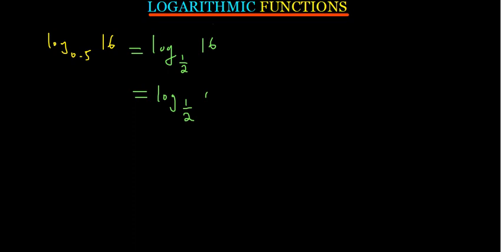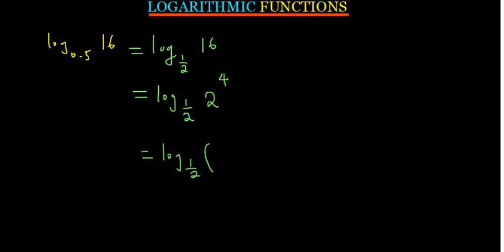16 is the same as 2 to the power what? To the power 4, like this. Now, remember the base here is 1 over 2. I want this one also to have 1 over 2. So the question is how? We know the rules.